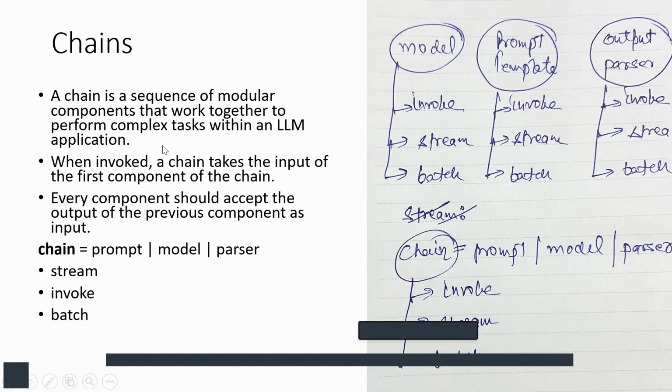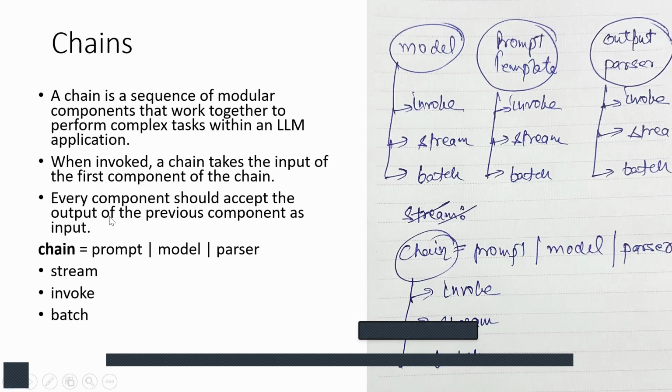A chain is a sequence of modular components that work together to perform complex tasks within an LLM application. When invoked, a chain takes the input of the first component. If my first component is the model, then whatever input the chain takes will go to my model. So we have to be very careful about what my first component is, and give that input while invoking the chain.